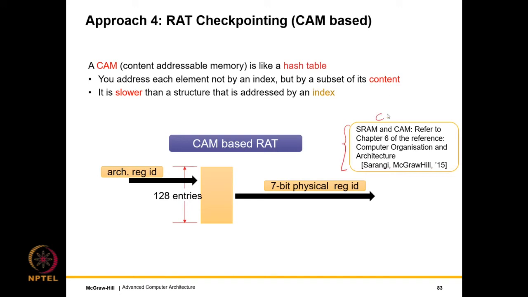The first source is chapter 7 of this book, where this concept is explained rather briefly, or you can look it up in chapter 6 of the older book, Computer Organization and Architecture, McGraw-Hill 2015. In that book, if you go to chapter number 10, then SRAM and CAM arrays are described in great detail.